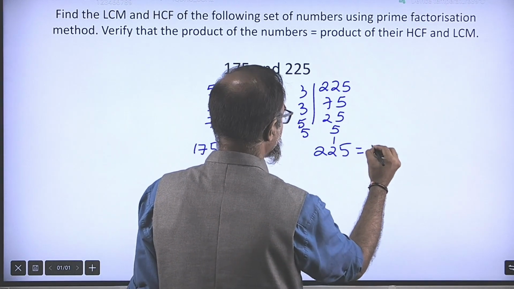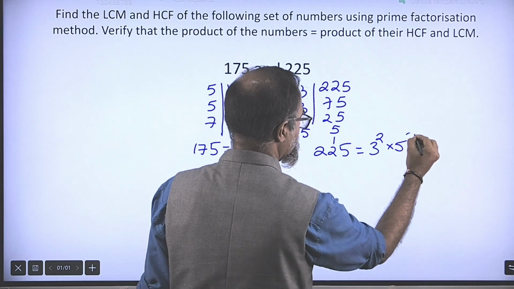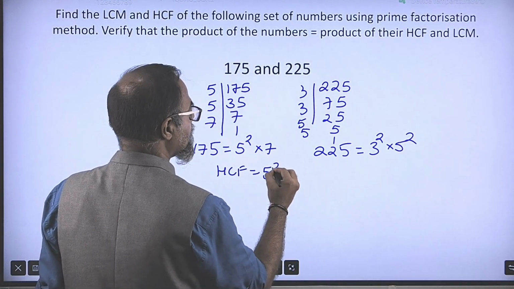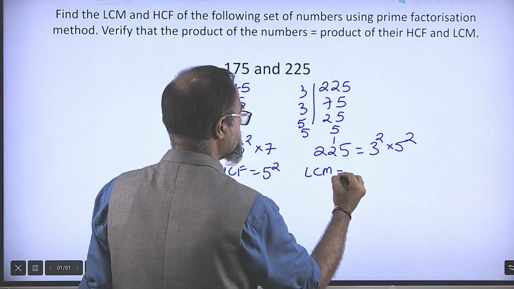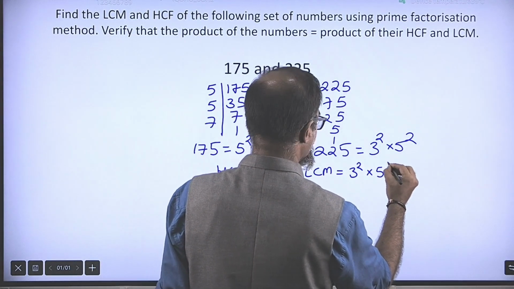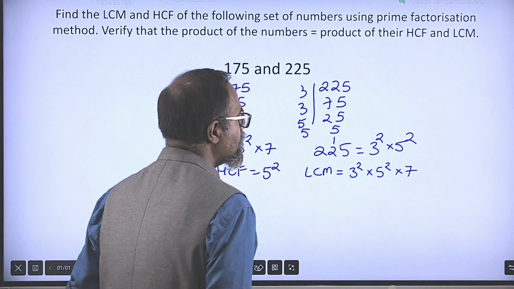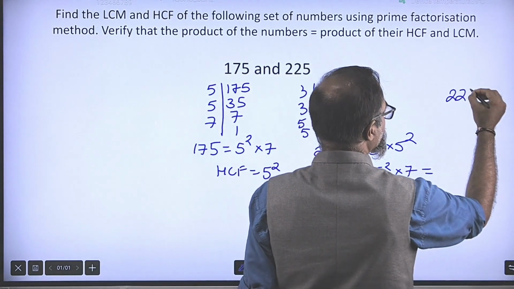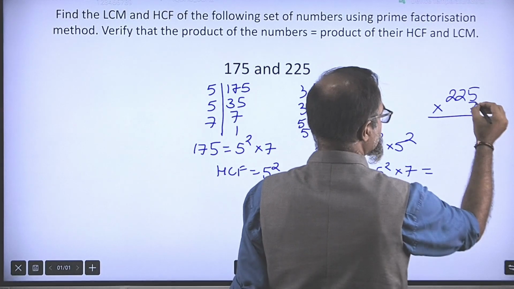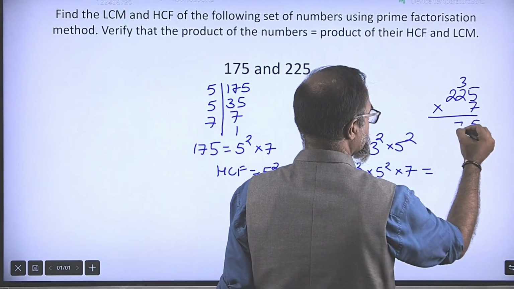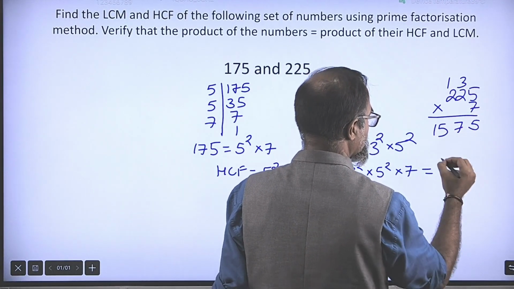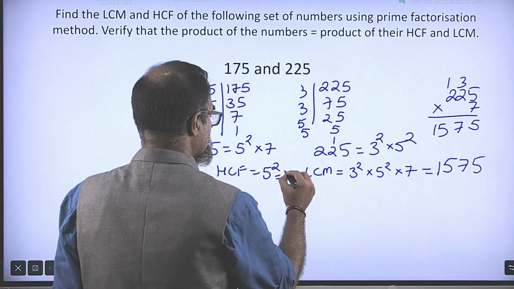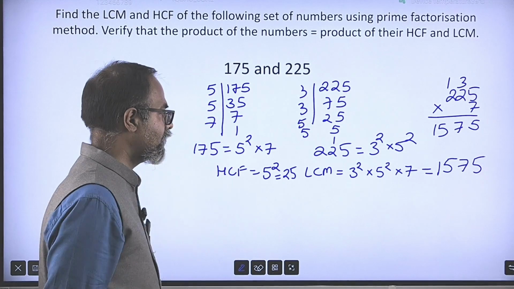So 225 is 3 square into 5 square. So the HCF, the common factor, is 5 square. LCM is 3 square into 5 square into 7. So 9 into 25, 225 into 7. 225 multiplied by 7: 7 5s are 35, 7 2s are 14, 17, 7 2s are 14, 15 is 1575. So HCF is 25, LCM is 1575.